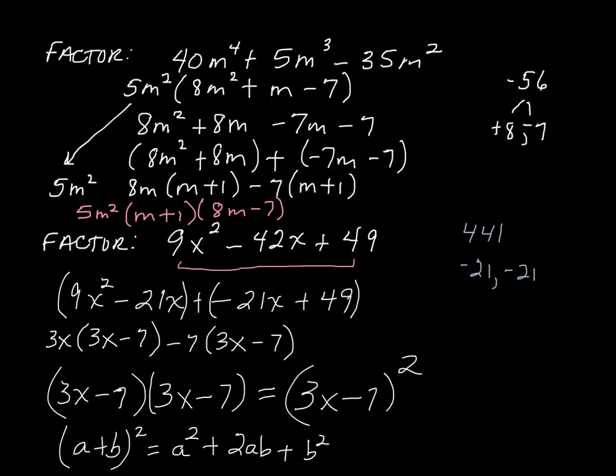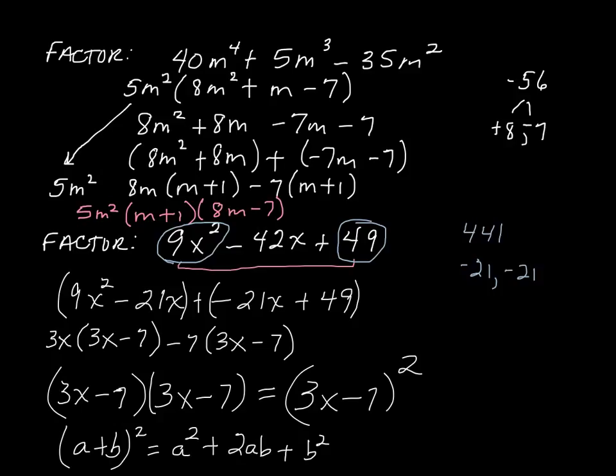Look at it. 9x squared is a square term. 49 is a square term. And the middle is 2 times 3x times 7. What am I talking about? What do you square? Look at the original expression. What do you square to get 9x squared?